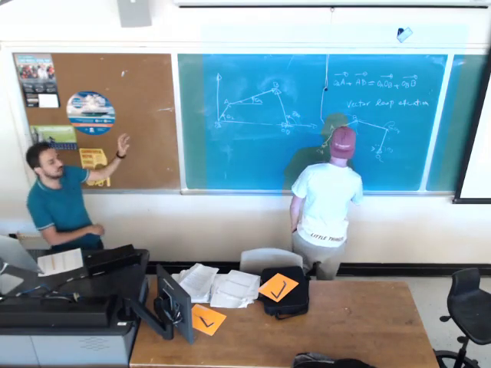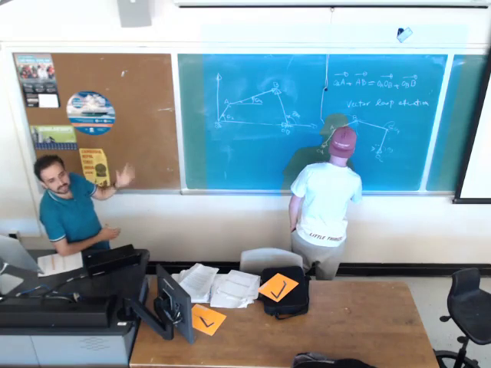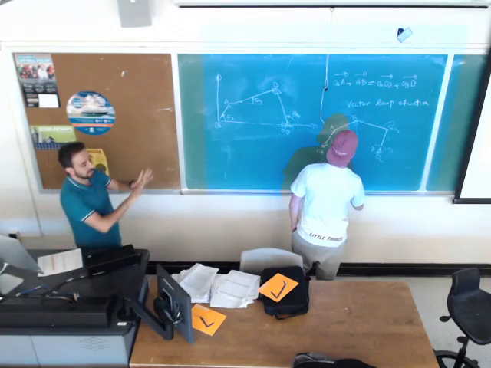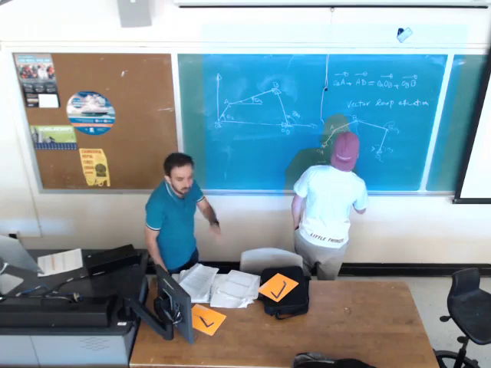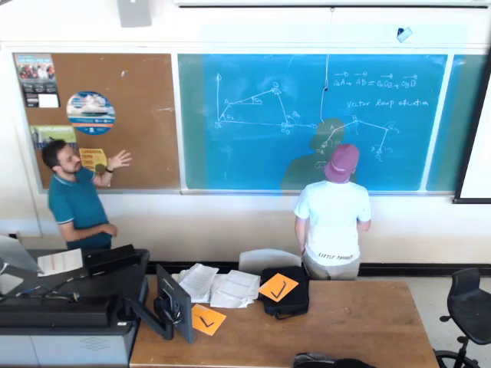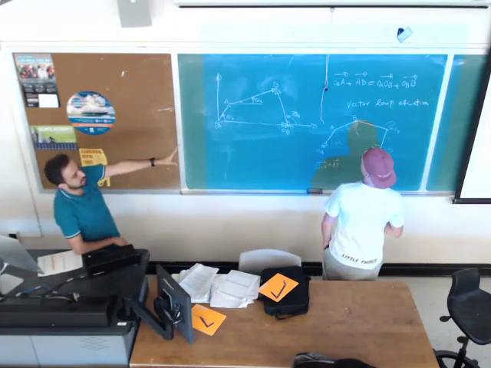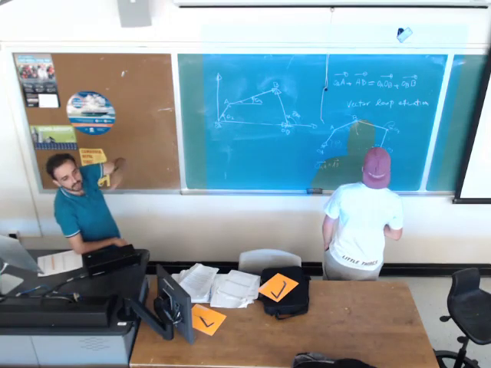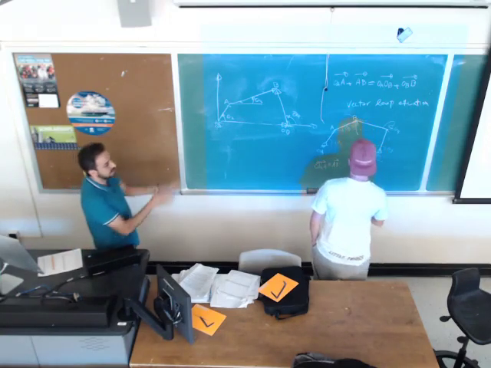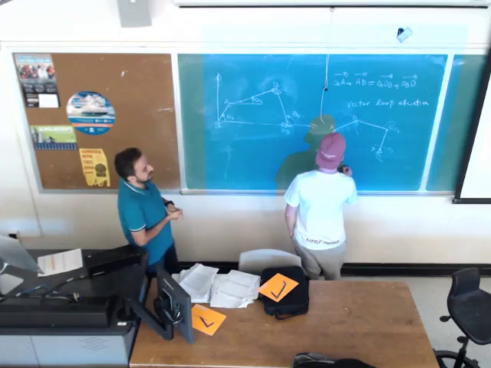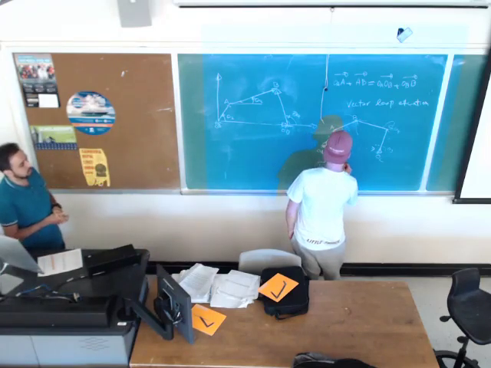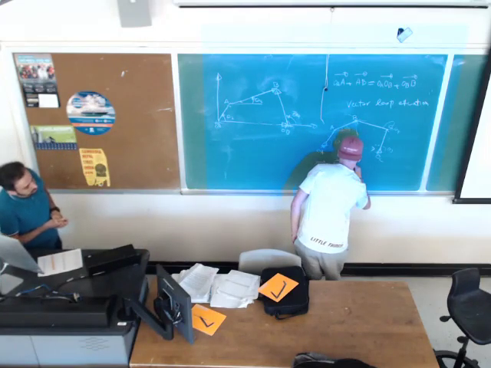At the end of this chapter and in the exam, you will be given a complex mechanism. The first thing that you need to do is set up the vectors and then write the vector loop equation. So that's the reason I'm asking a couple of people to show the result.